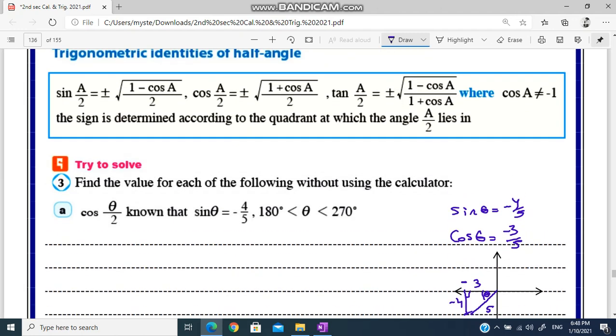We can use the second rule, cosine theta over 2 equals positive or negative root of (1 plus cosine theta) over 2.